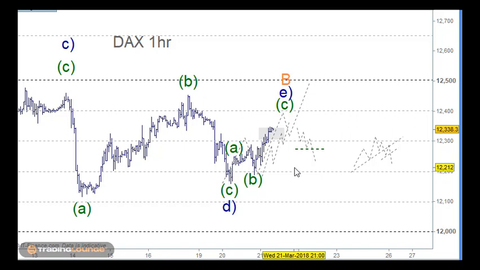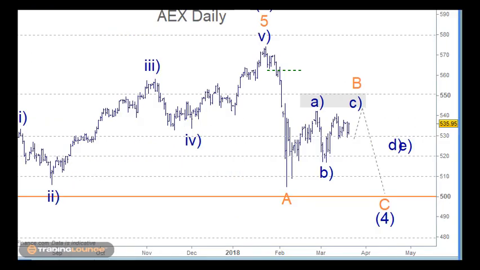So we know that we're looking further, we know that we're looking down, so we need to put those triggers in place. So this is about the best I can offer, rather than shorting it right here, on the top there, so to speak. And this count works quite nicely with the Netherlands as well here.